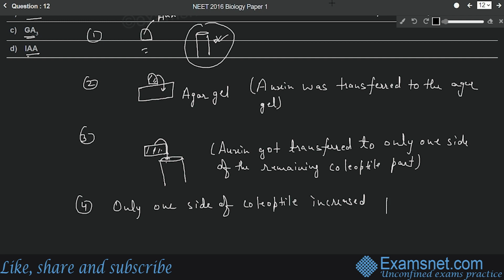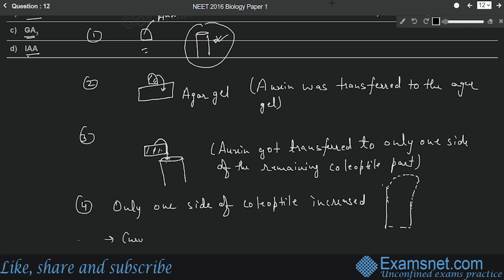So it was like this side increased and this side remained unaffected because the gel was kept on one side. So this took shape of a curvature like this.